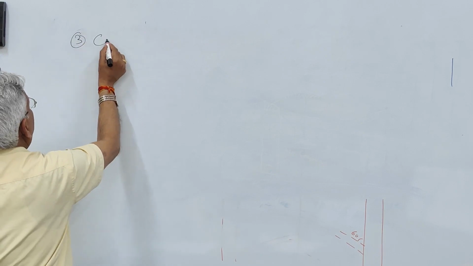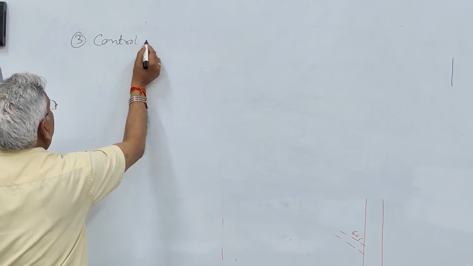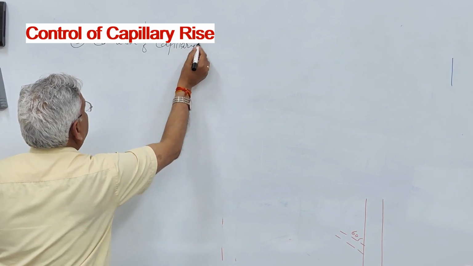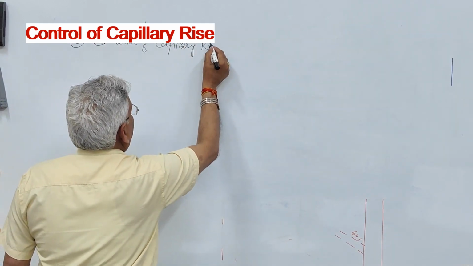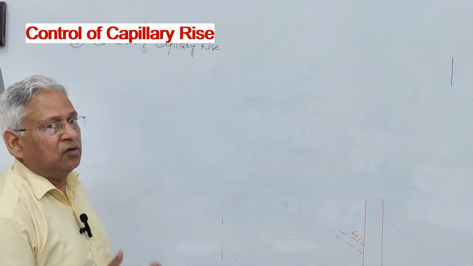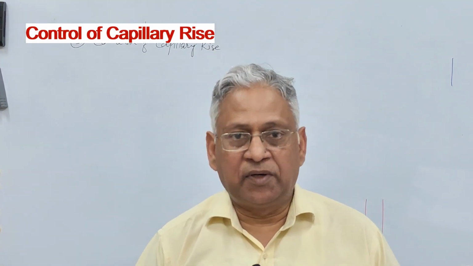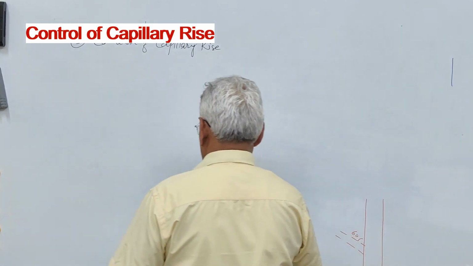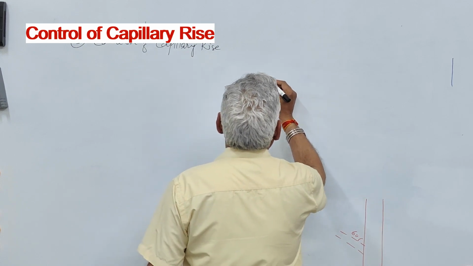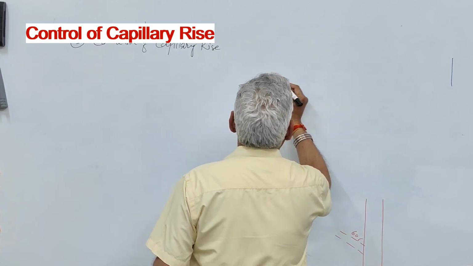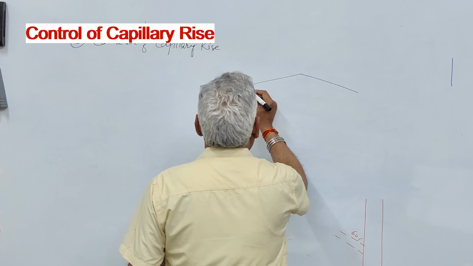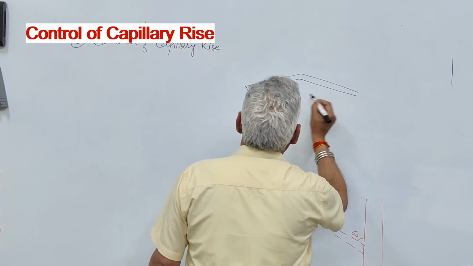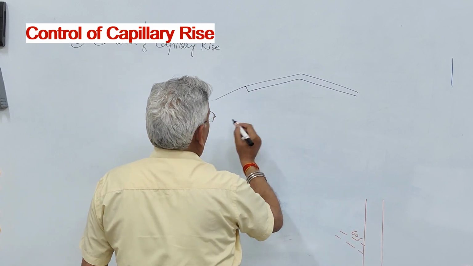Third is control of capillary rise. When it is suspected that water can rise because of capillary action and enter into the subgrade, then it is required to control this capillary rise by providing a blanket layer in the pavement, or it can be a bituminous primer, or it can be simply a layer of geotextile.